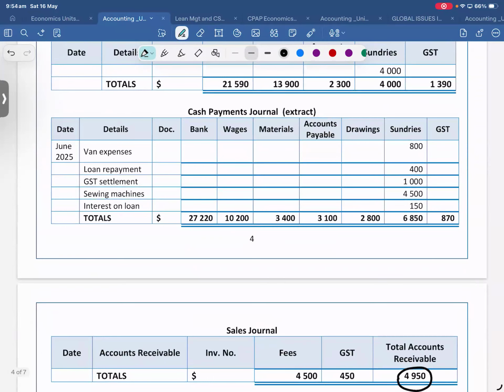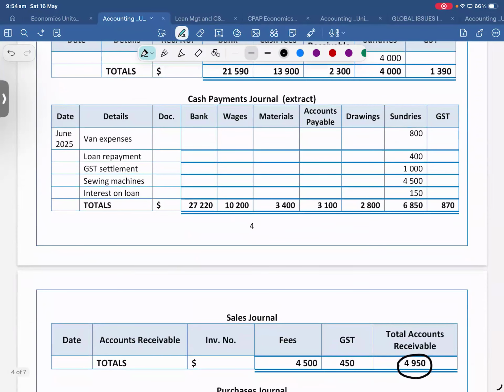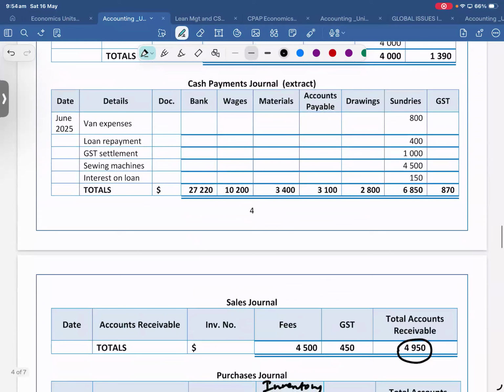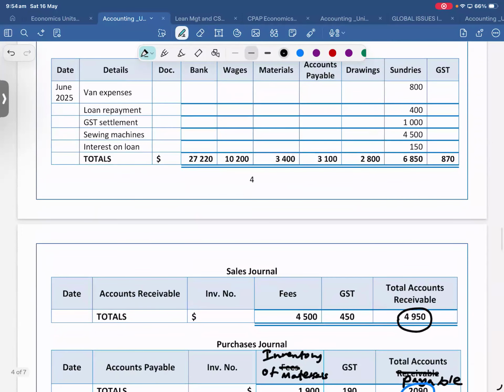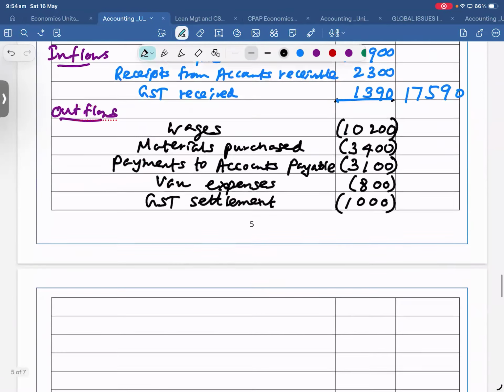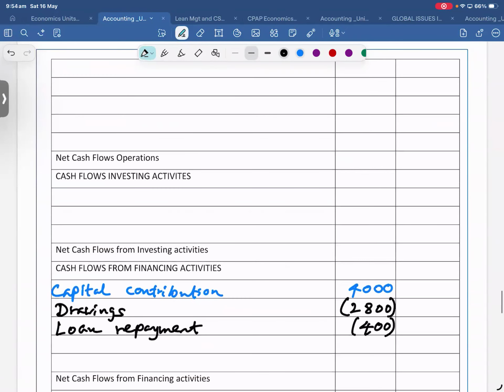Right. Next one, sewing machines, 4,500. So sewing machine, operating outflow. You sure? Wait, it's not current. Non-current. So investing. Is it an expense? No. Okay, so sewing machines, we are going to the investing.